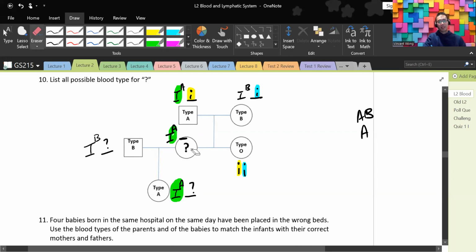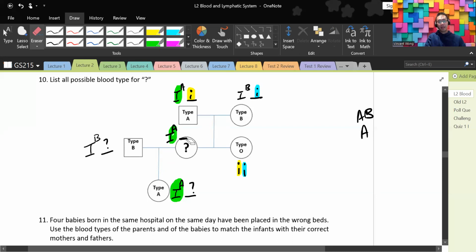So let's think about the other thing over here. So we know the IA came from her father, which means the other part must have come from her mother, right? Okay, so her mother can either pass on IB or little i, but we cannot know which one it is, at least not with the current information, right? So it could be IB or it could be small i.